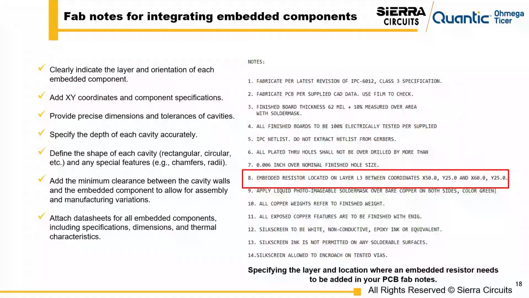So, in terms of the fab notes, of course, you need to mention this on your fab drawing if this is a direction you want to go. And so just like specifying impedance on your drawing, you need to make sure that you've specified it completely. So these are some of the key points when you're putting it on your fab drawing on how to specify it so that the fabricator is well aware of what you're trying to accomplish.